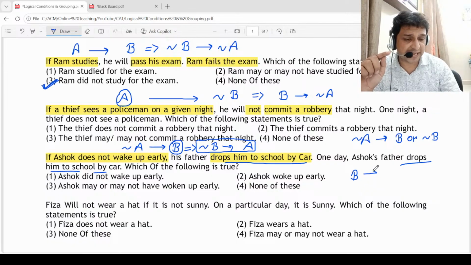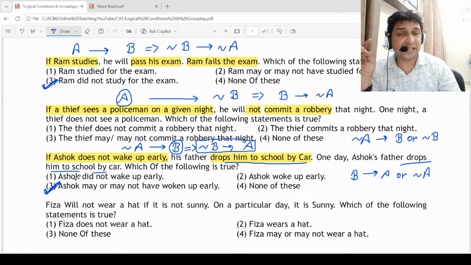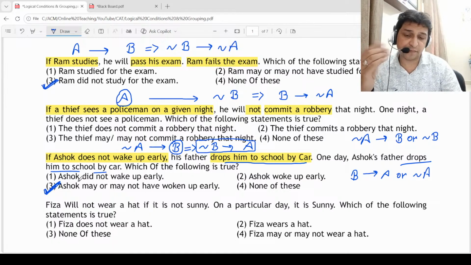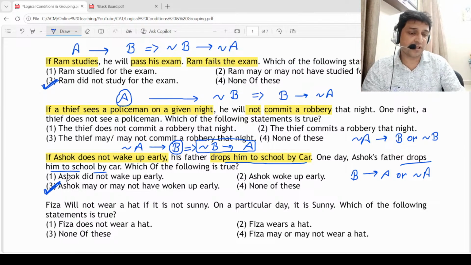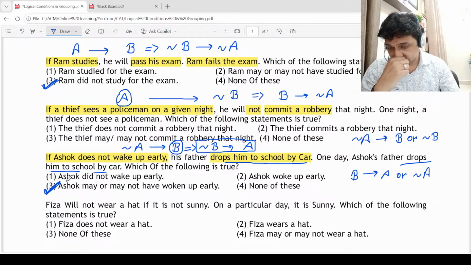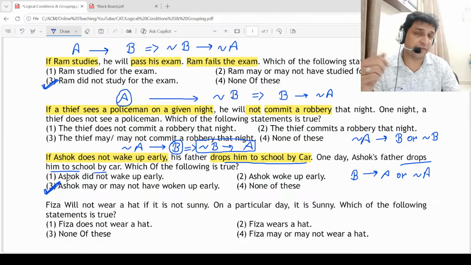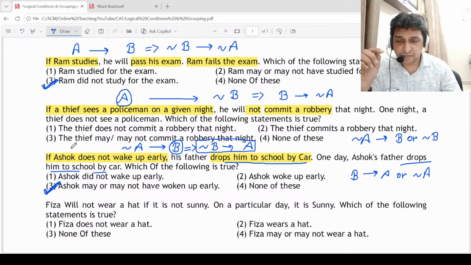That means if B has happened, A may happen or A may not happen. So the answer is again, Ashok may or may not have woken up early. Maybe he has woken up early and his father was in the mood to drop him, so he dropped him to the school. And maybe he has not, so the father has to drop him to the school. But we can't be sure about it. Here also the answer was the option may or may not.